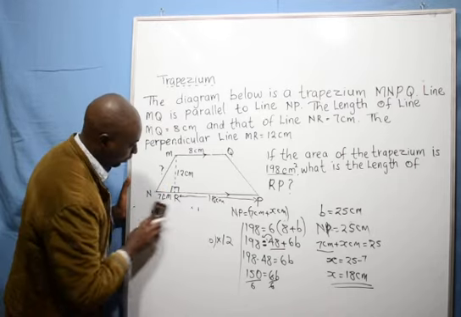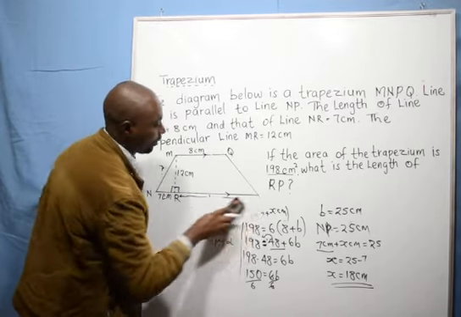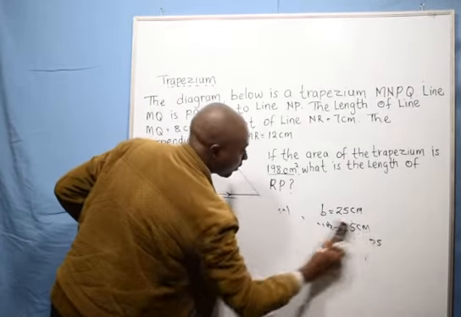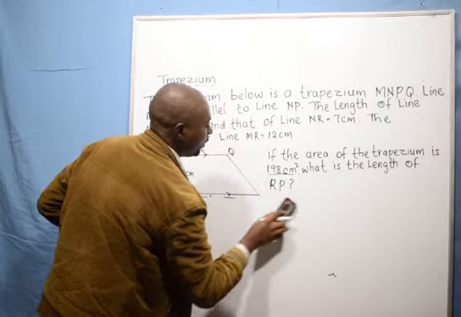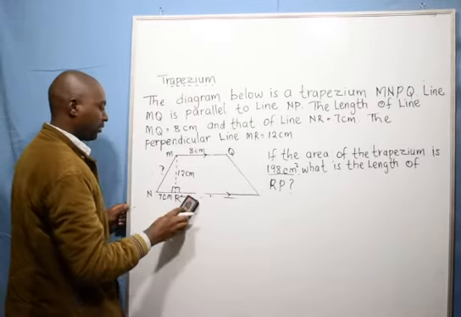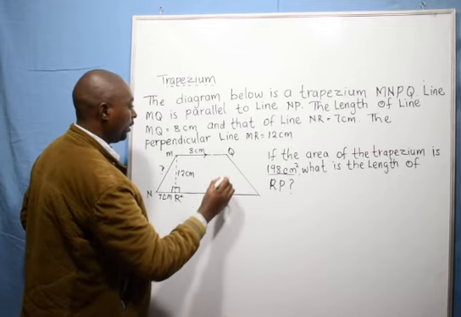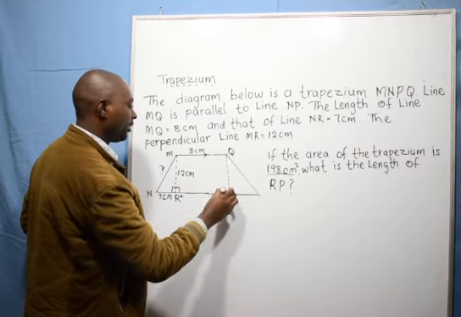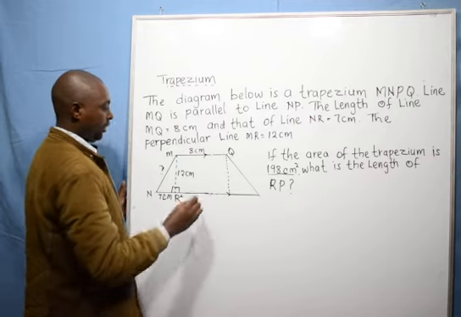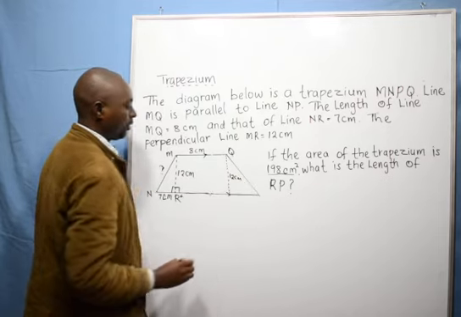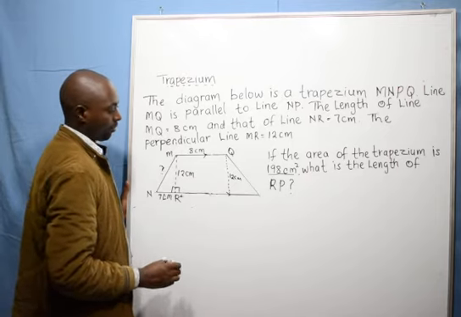The other method that can be used to solve this question, method 2, is where you draw another line here and assume that this one is 12.